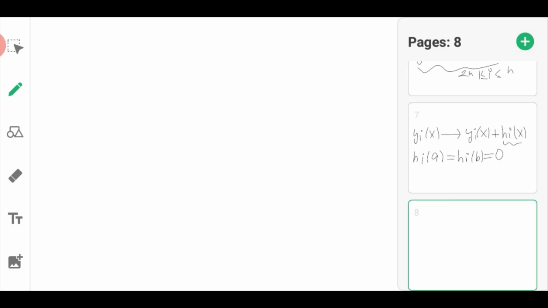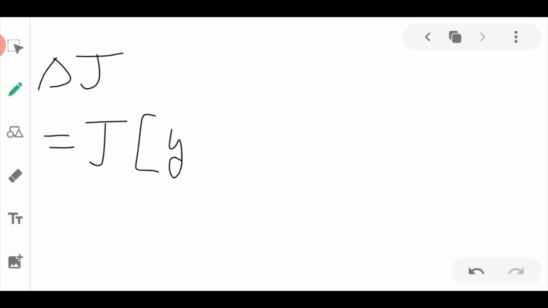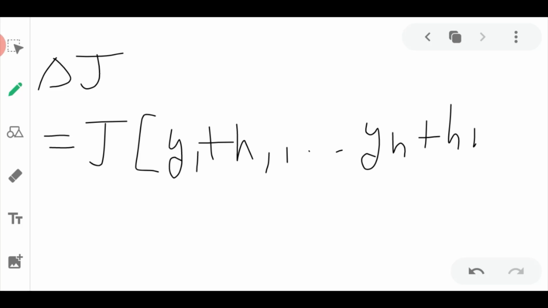Next we will write the necessary condition, that delta J, which is the varied functional, given by the functional of y1 plus h1, y2 plus h2 and so on, yn plus hn, as we know from our previous lectures.